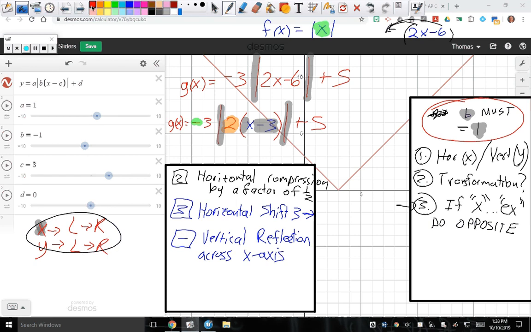All right, what's the next number that I'm looking at to list? The 3. Okay, so the 3 right here is going to be what? A vertical for sure because it's outside. A vertical what? Stretch. Why didn't you do the opposite?